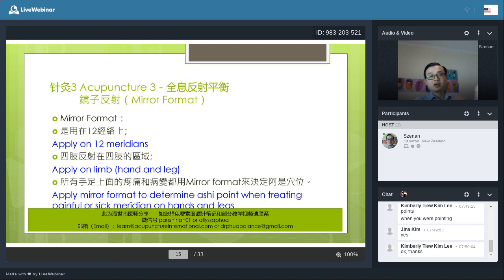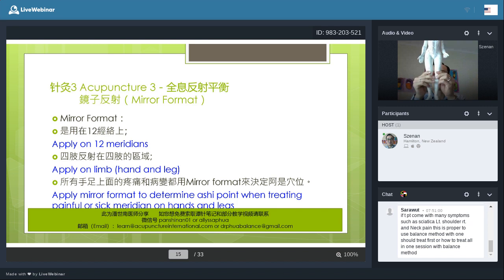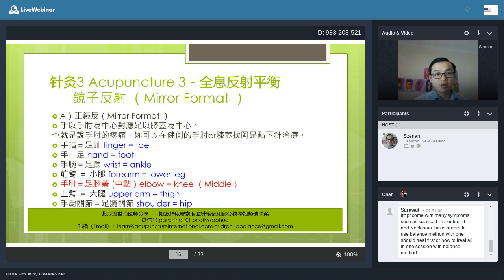Now, mirror format only used on 12 meridian, only used on hands and legs. Okay. Hands and legs. So Du meridian and Ren meridian do not run on hands and legs, right? So this mirror format only apply on hands and legs. Okay, I'm gonna show you what that means.